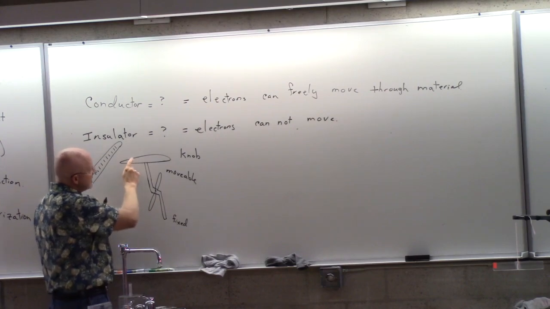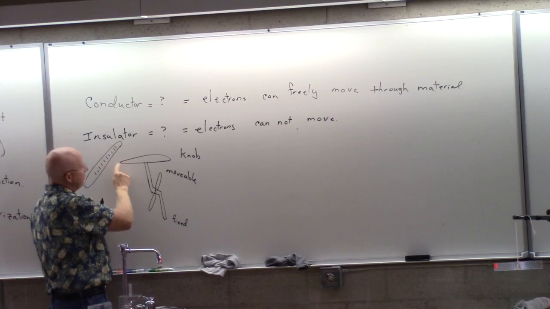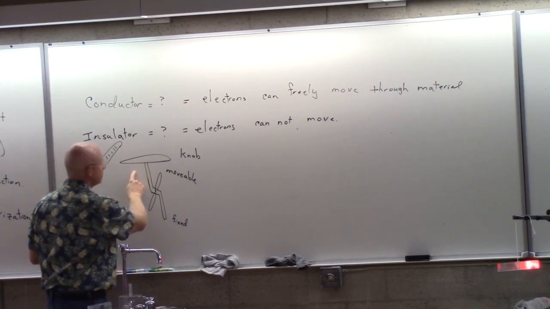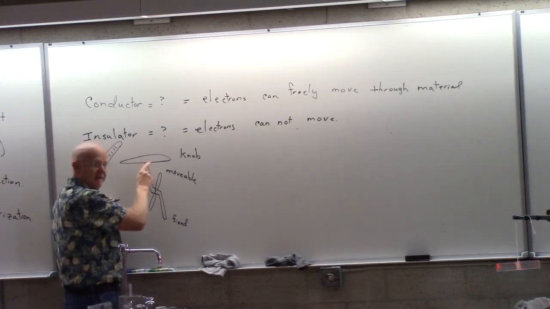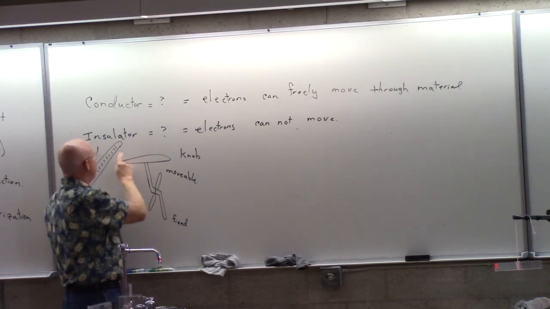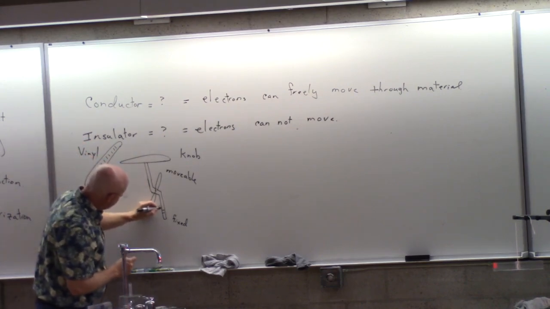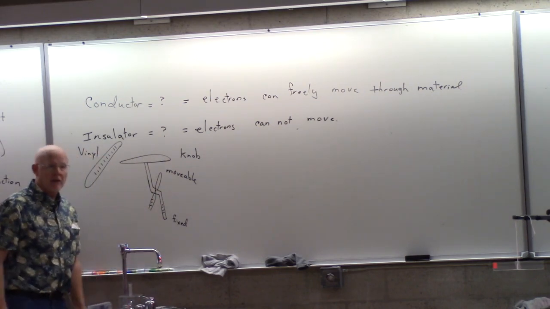So if there's a bunch of negatives in this knob and I put the negative vinyl near it, what's going to happen to these negatives here? Yeah, they are repelled away, and so they will run away, if you will, and they'll race down to the other side of the metal piece.